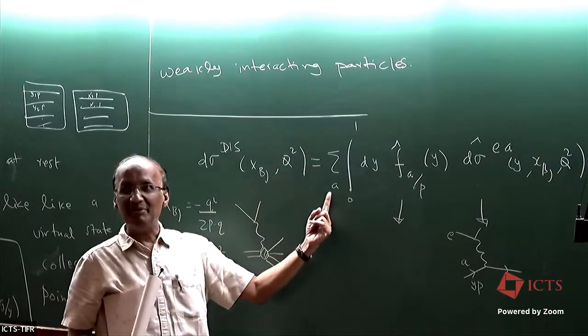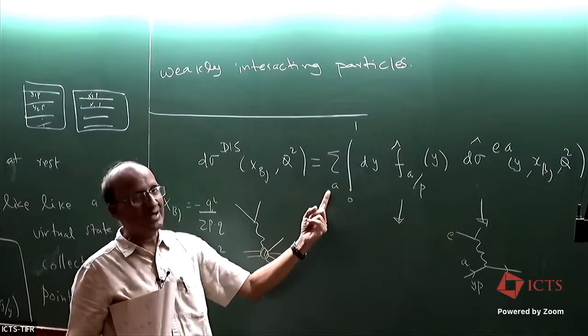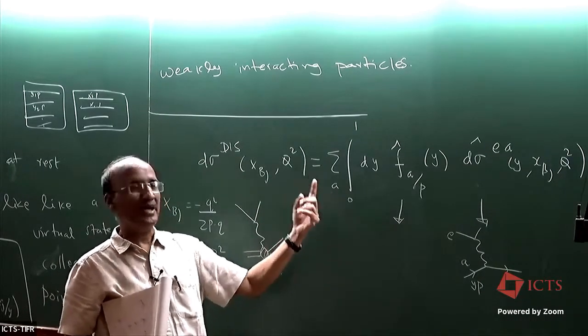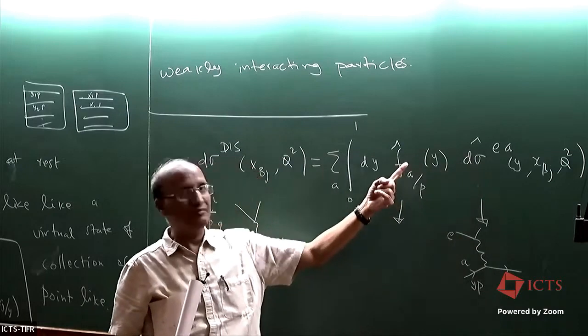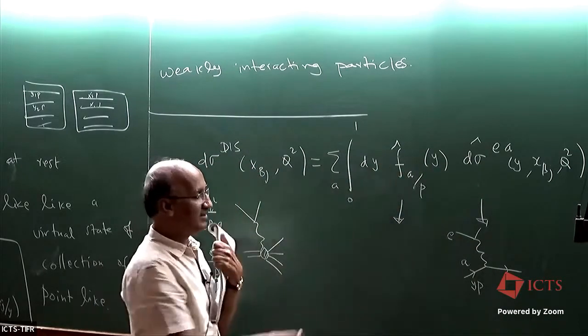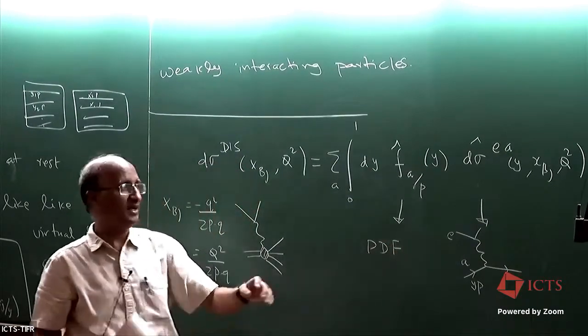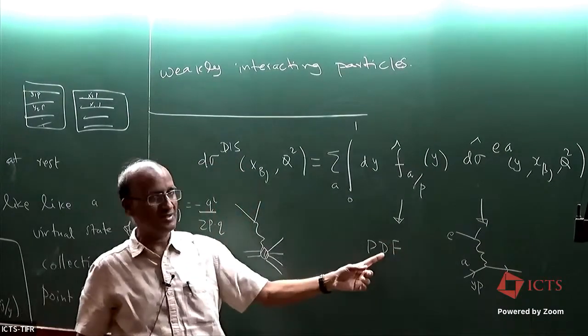And it is all summed, so you consider all possible partons. If you have a parton of type a, you just put that. If it interacts, calculate the cross section, put it here, and multiply by the corresponding parton distribution functions. This is called PDF. Thereafter, I will use this word PDF, parton distribution function.